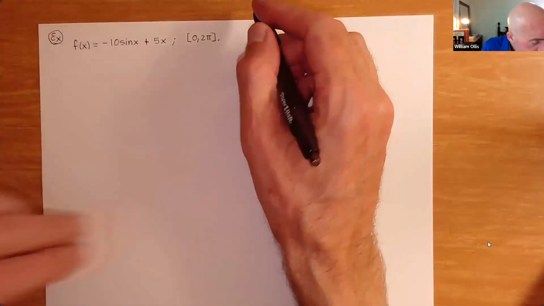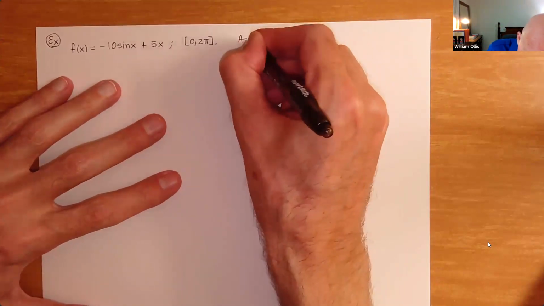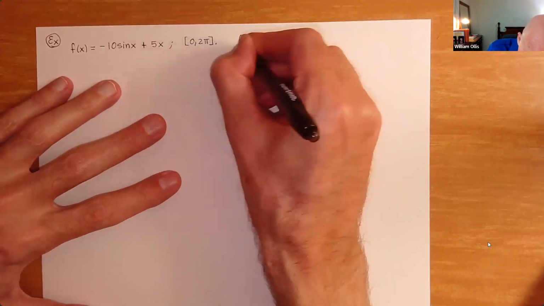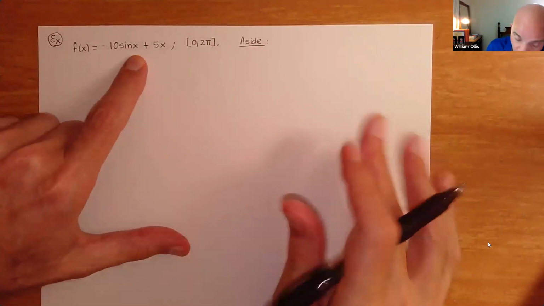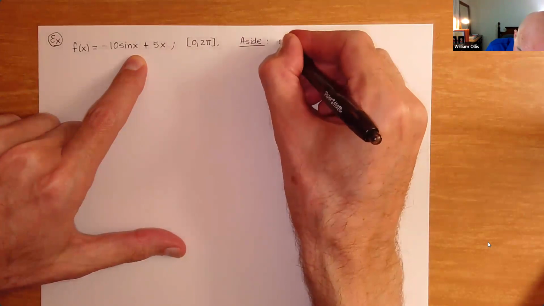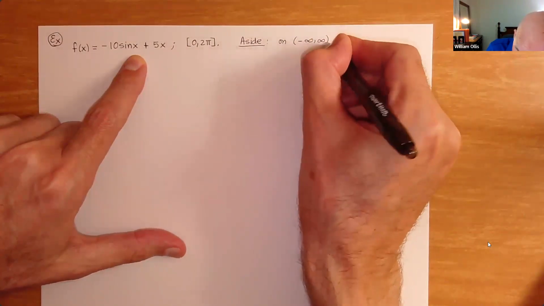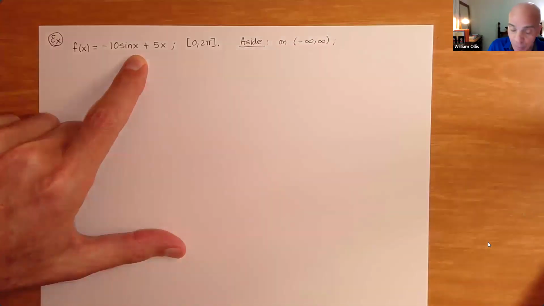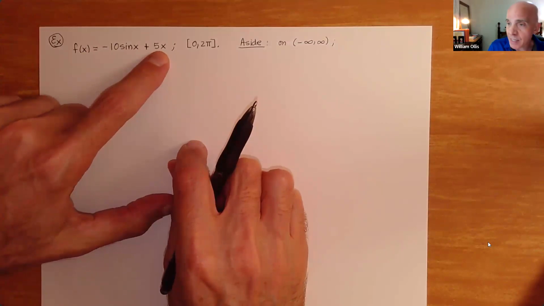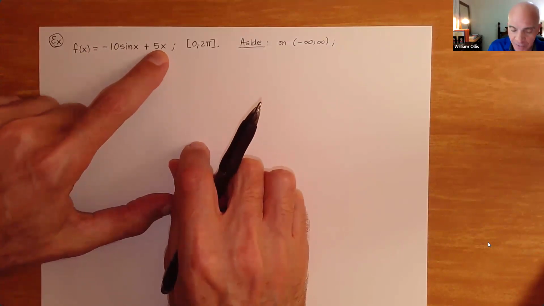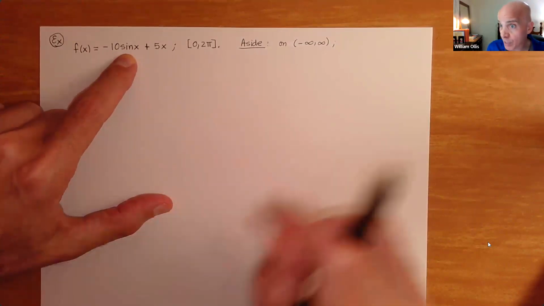So here's an aside that I want to mention first. That is, if you notice here, we can extend this to all real numbers. So on the real line, f of x is odd because sine is an odd function, and of course, x is an odd function, so that makes 5x and negative 10 sine x odd functions.